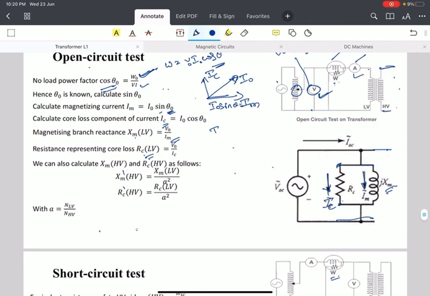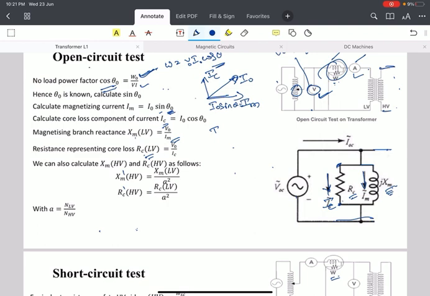Once you have found out the core loss component and magnetizing component, the no load losses can be found. The power shown in the wattmeter will be the no load losses, from which you can find out the core loss component and magnetizing component of the transformer.